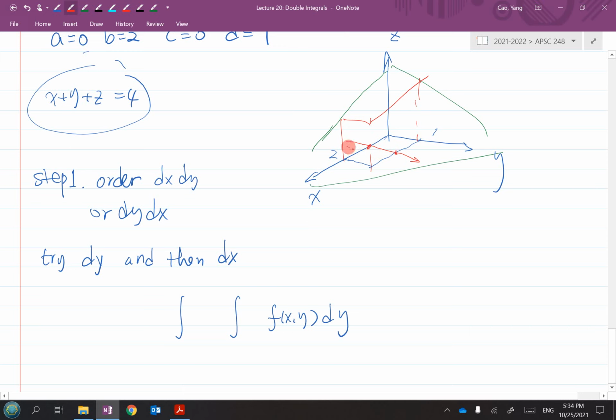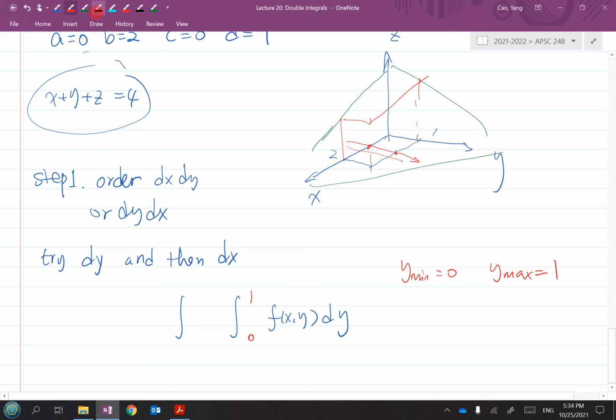If you draw it somewhere else, you still get 0 to 1. So the y min, y max doesn't matter where you draw. It's always 0 to 1. It's a constant, which is great. So that gives you the limits of 0 to 1 for y min and y max.